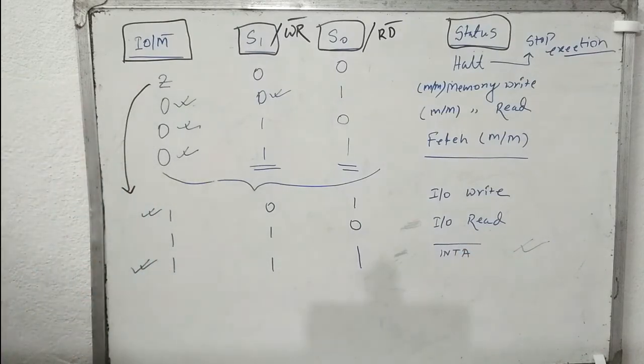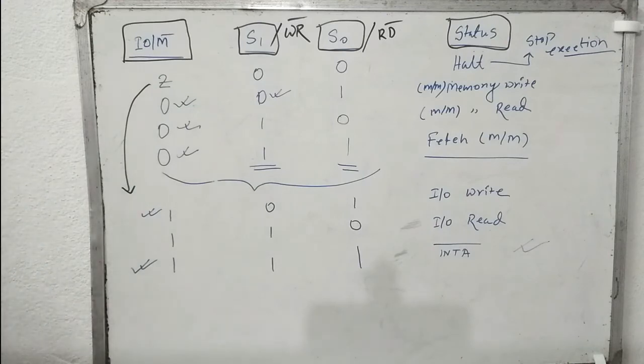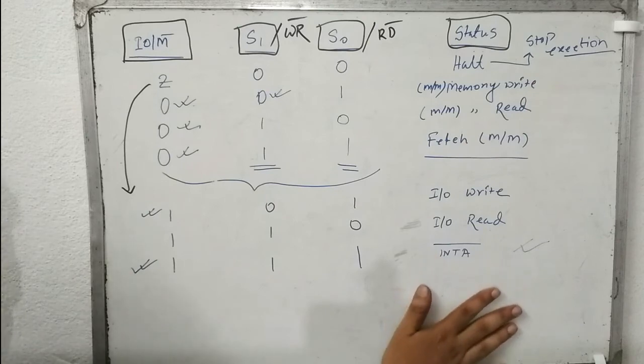It has great significance when we see the execution of non-vector interrupt operations. That is the interrupt acknowledgement.